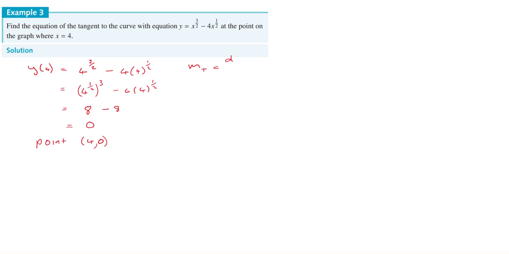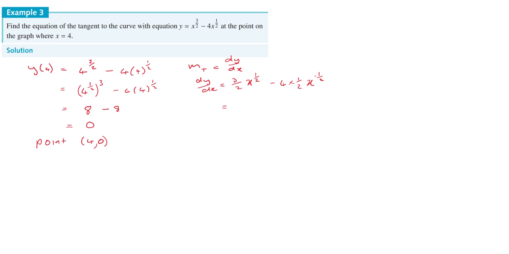So dy/dx is equal to 3 on 2 x to the power of... remember, move the power to the front, reduce the power by 1. So 3 on 2 minus 1 is a half. Minus 4, bring the power to the front, so that'll be times a half, x, and reduce the power by 1, so minus a half.